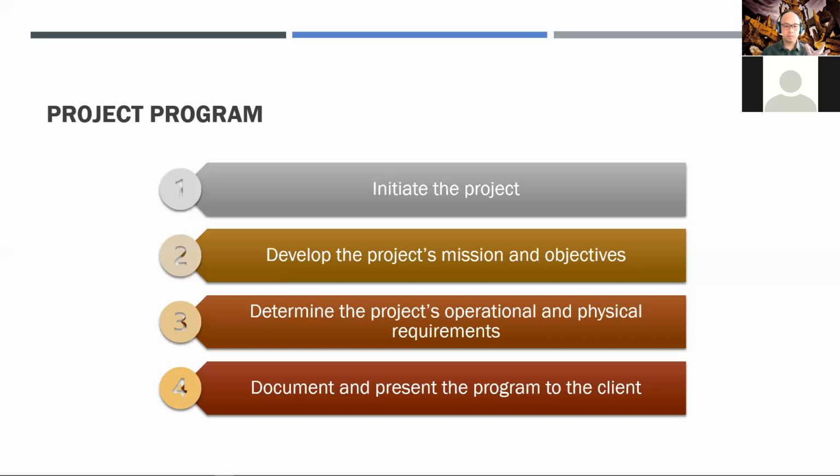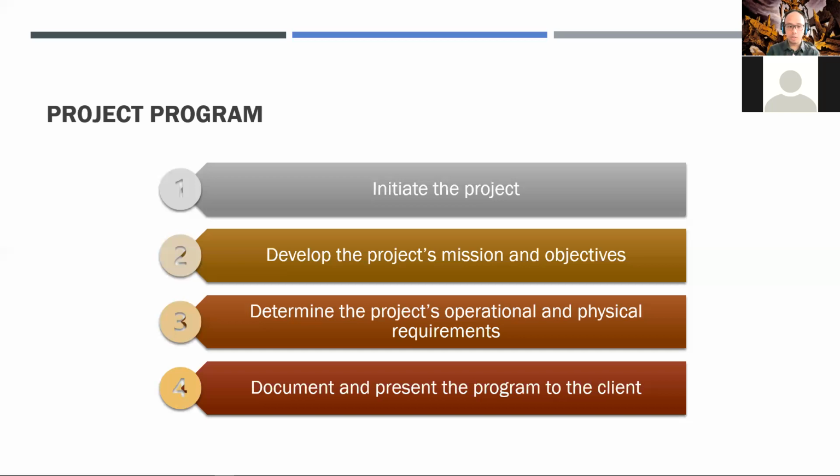Generally, project programming entails 4 basic steps. Initiate the project. Most of the time the client would initiate the project, but sometimes you might initiate a project and propose a project to potential clients.